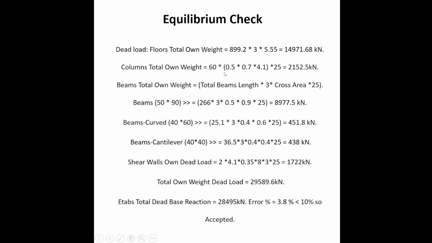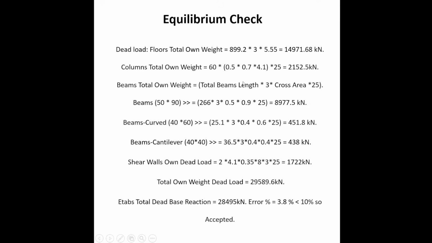For columns, you can evaluate it by, we have 20 columns by 3 floors, so it is 60 columns. This is the number of columns, and these are the dimensions of columns. This is the height, and this is 0.5 by 0.7, all the columns are 0.5 by 0.7 dimensions. And 21, which is the unit weight of reinforced concrete, we have inputted, and this evaluates to this value.